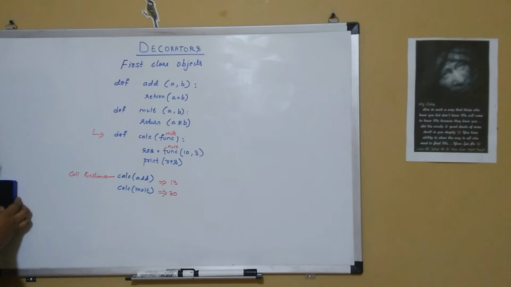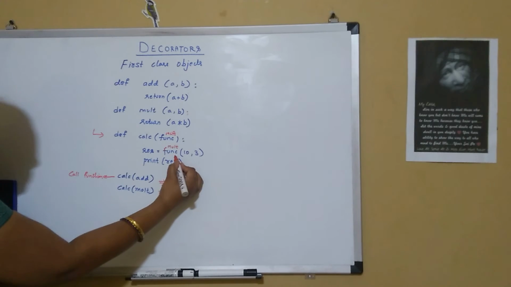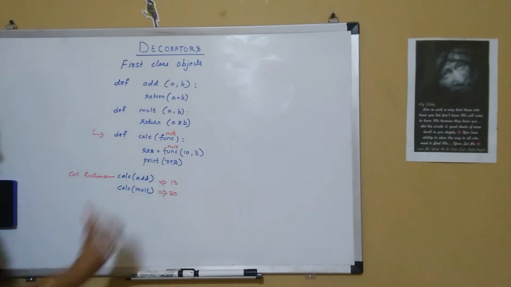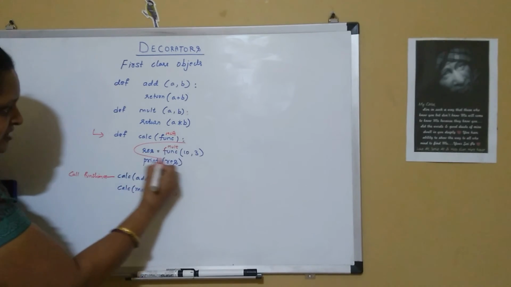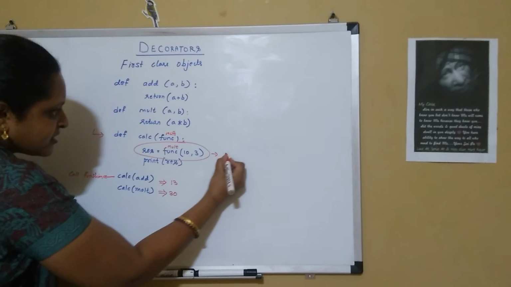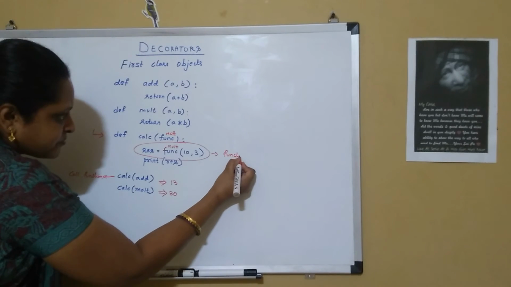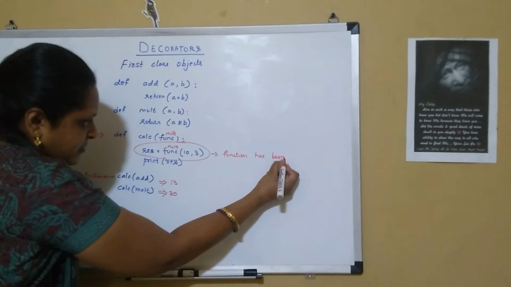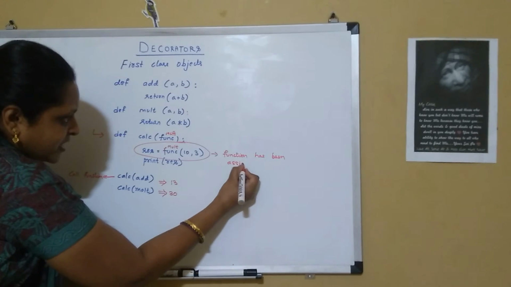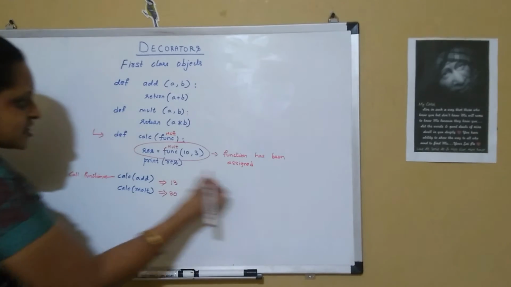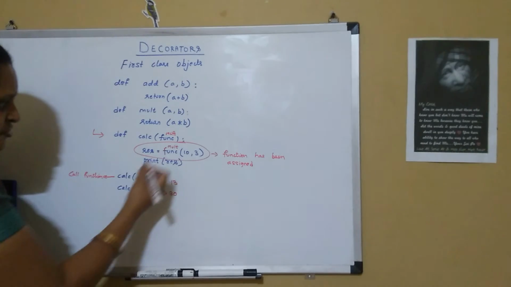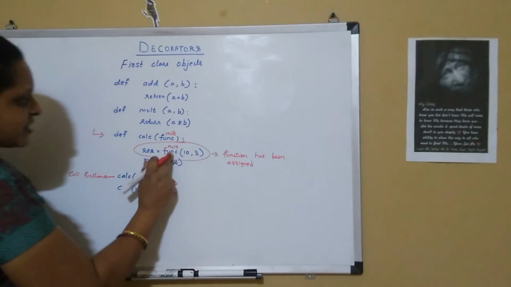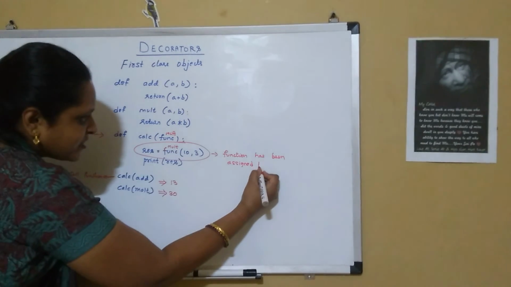And one more thing we should remember here is a function is assigned to a variable. So this particular statement is nothing but a function has been assigned to a variable, just as we assign an integer or a string to a variable, we are assigning a function to a variable.